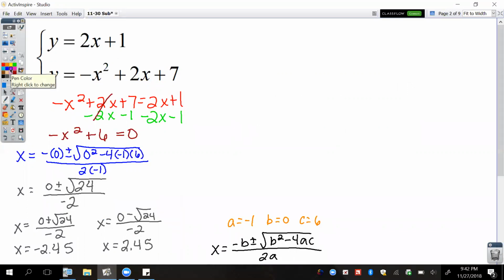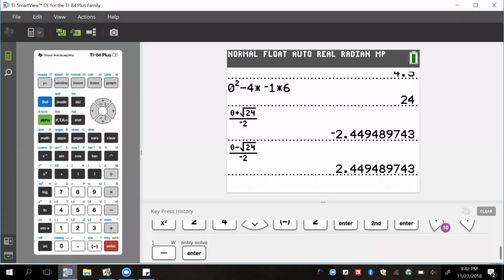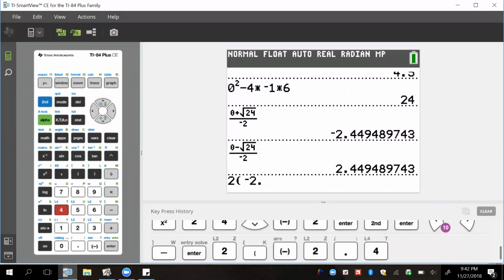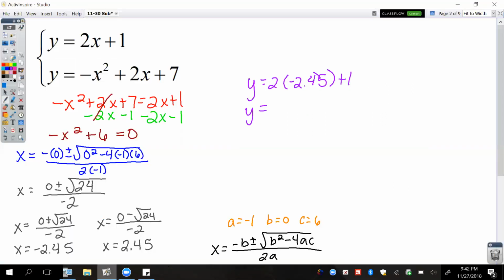The last thing I need to do is get my y value. I'm going to use this first equation here. So I'm going to do y equals 2 times negative 2.45 plus 1. Come over here, plug that in my calculator: 2 parentheses negative 2.45 parentheses, and then plus 1.